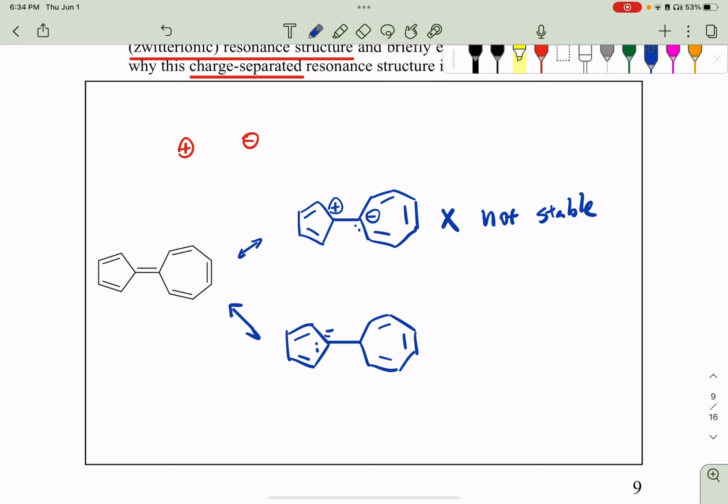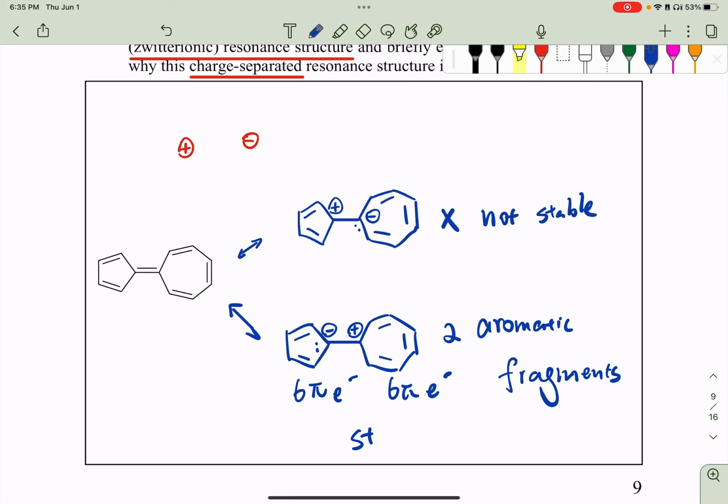And let's say we break down, so we have a positive charge on the 7-member ring, negative charge on here. Well, now on both of them, we have 6 pi electrons. So they're aromatic, and they are stable.